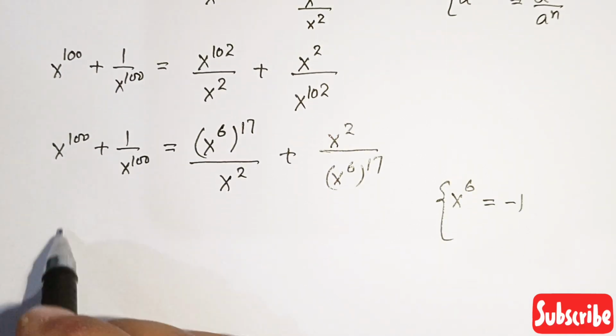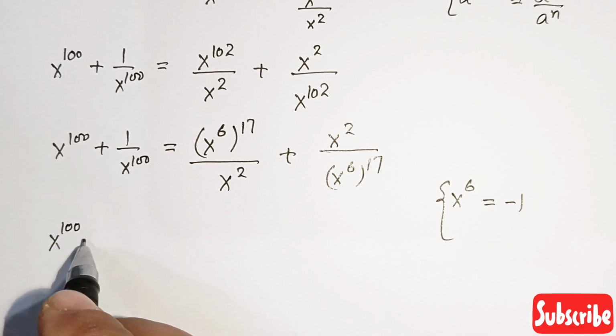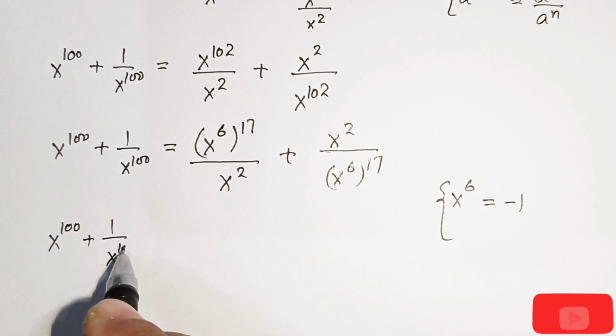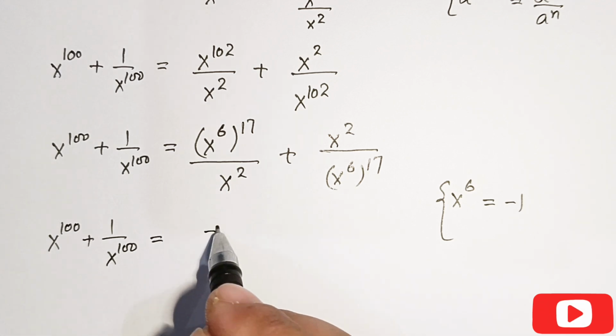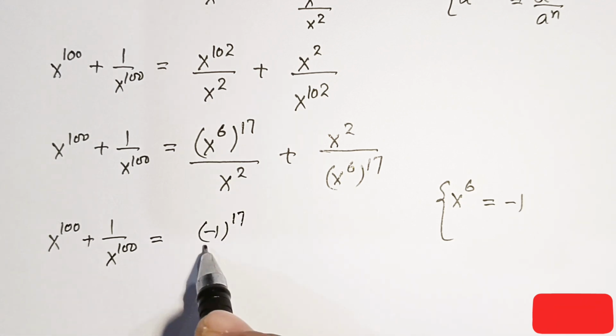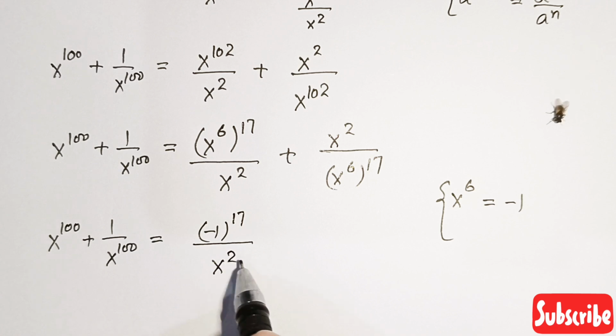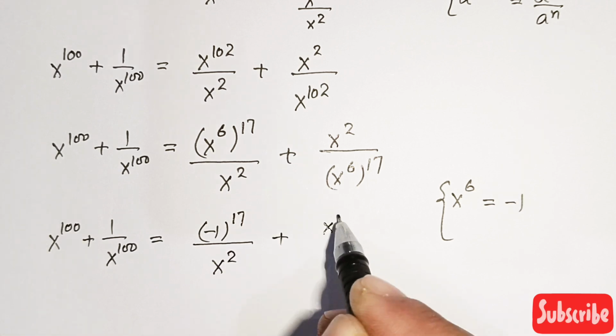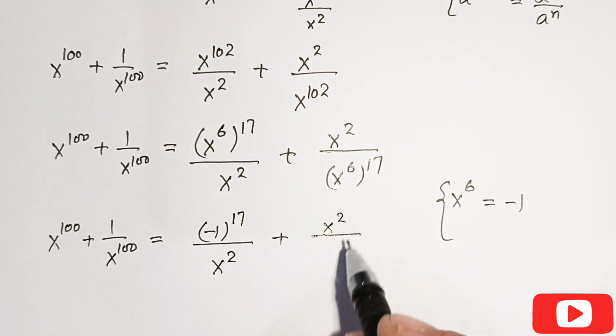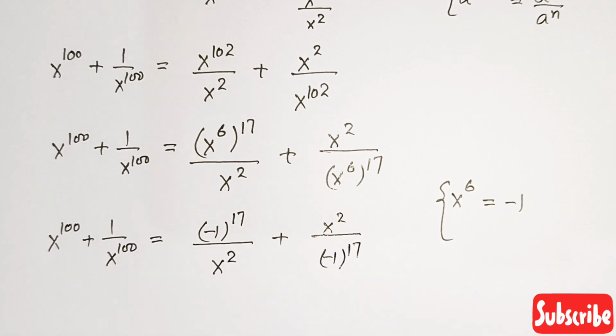Now substituting this value here, x to the power 100 plus 1 over x to the power 100 is equal to minus 1 to the power 17 all over x squared, plus x squared over x to the power 6, which is minus 1 all to the power 17.